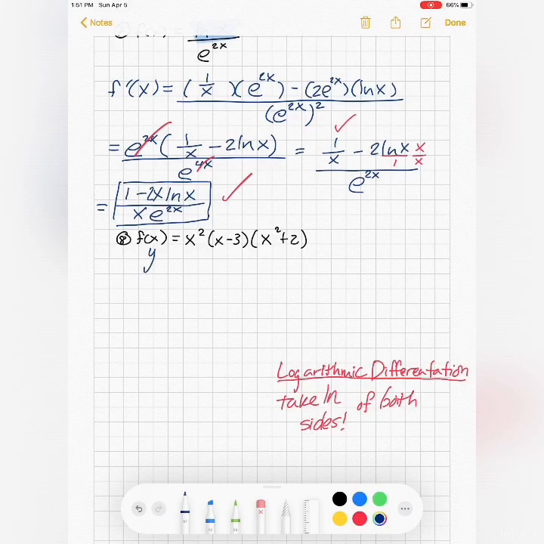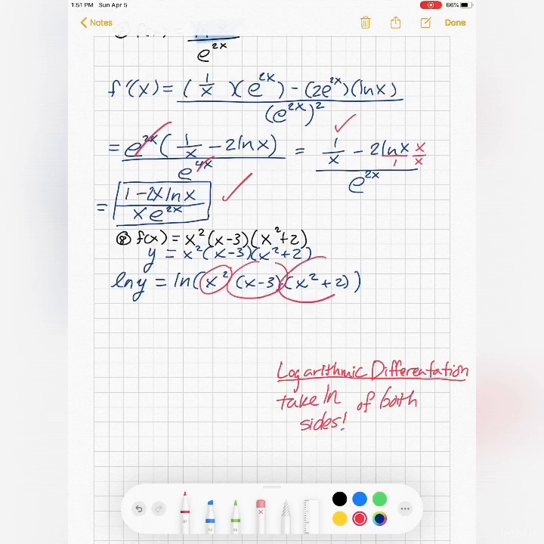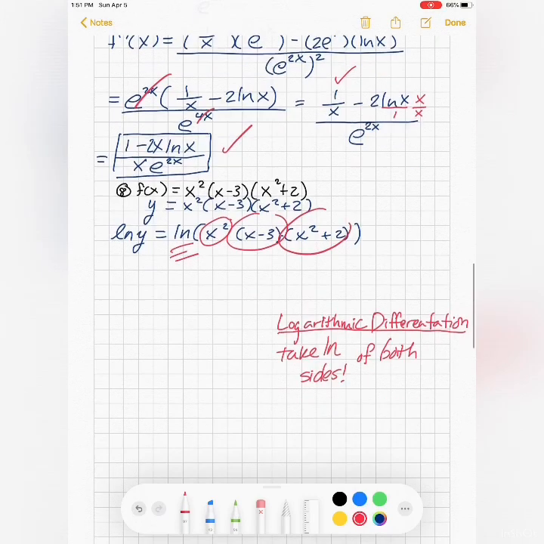Okay, so what would happen if I do that? I could start out by saying y equals. If I take the ln of both sides, it just looks like this. But now I have these products inside of that logarithm.